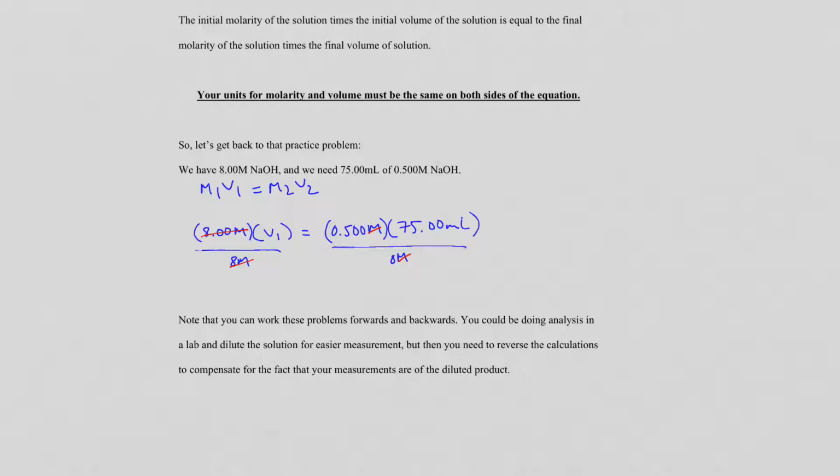So V1 equals 4.6875 mL. I would say that's about 4.69 to 4.70 mL. If we really wanted to go to 4 sig figs, we could, but we really should go to 3, so it should be 4.69 milliliters.